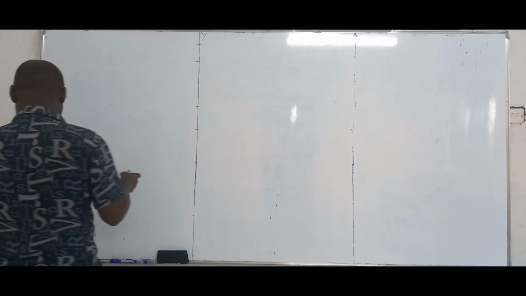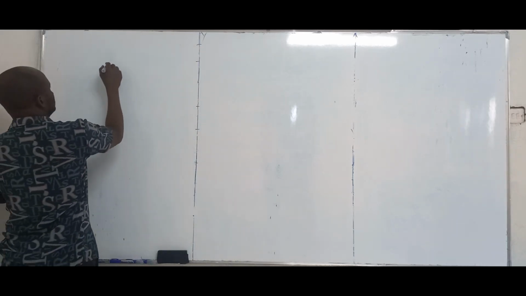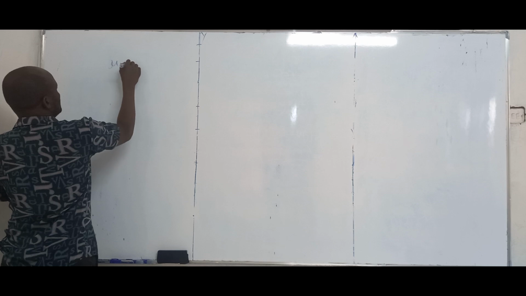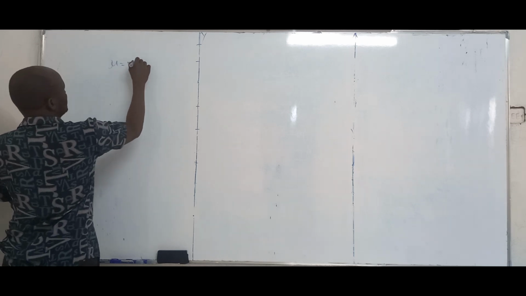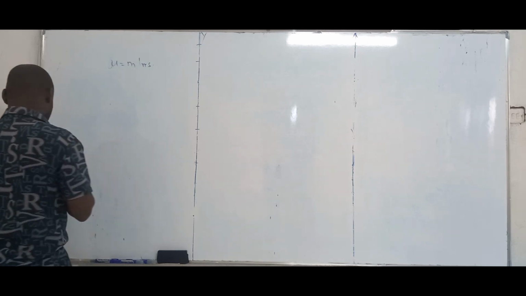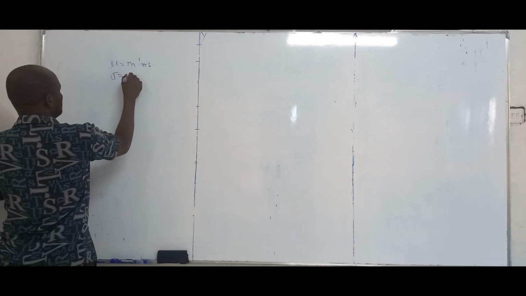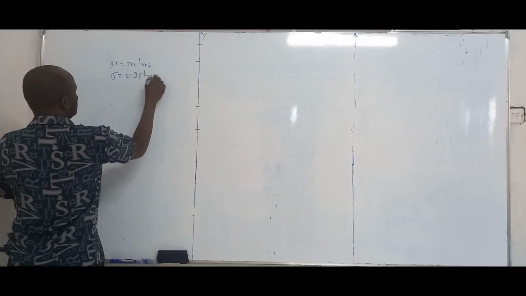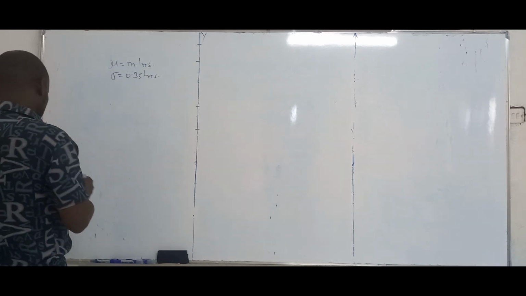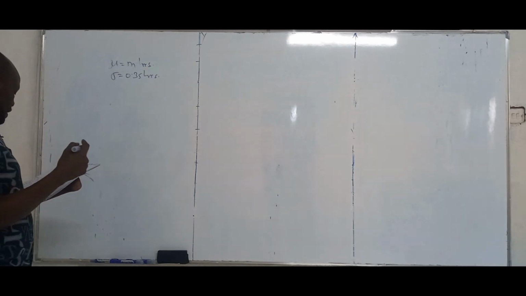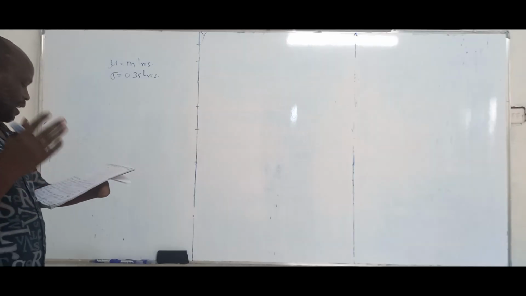Well, we are given that the mean is equal to m hours. We are also given that the standard deviation is 0.35 hours. It is found that 95% of times taken are longer than 0.9 hours.